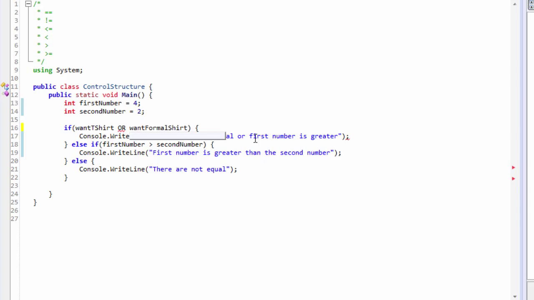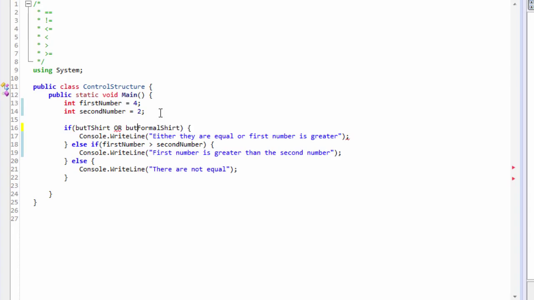Nonetheless, I have used something that's known as pseudocode. As I've already told you, pseudocode is essentially like reading in human terms. I'm thinking in my head that I can only buy one single piece of clothing. Either I can buy the t-shirt, or, let me just change this. It's not whether I want it, it's whether I can buy it, like this.